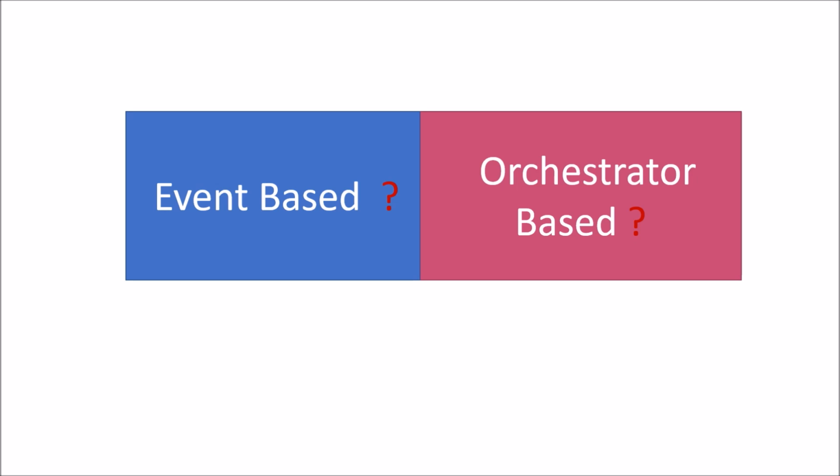As I mentioned earlier, there could be a chance of cyclic dependency that would further increase the complexity of the architecture, and it would be difficult to understand and maintain in case of failure. In the orchestrator-based approach, there is a central orchestrator.